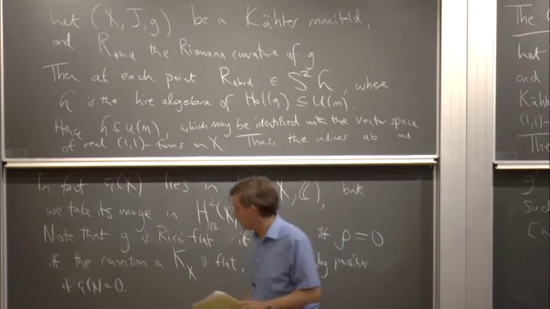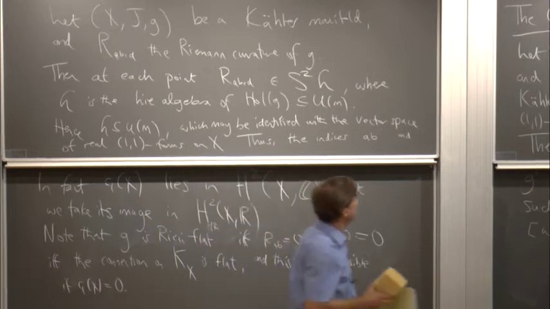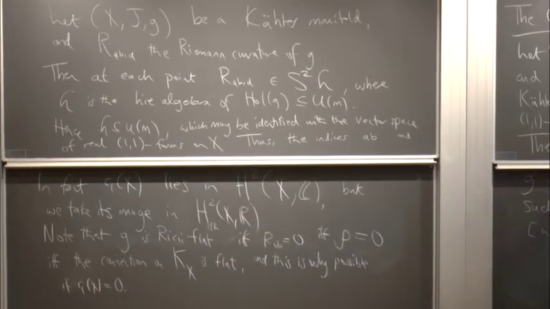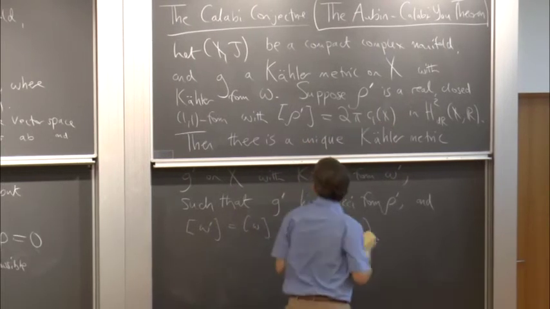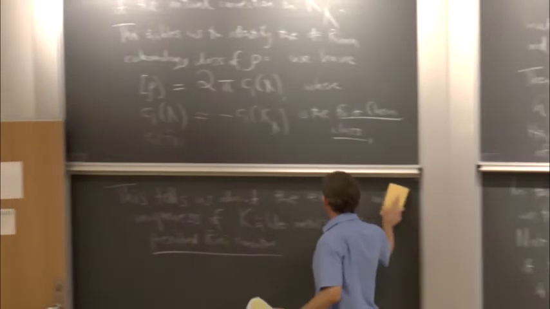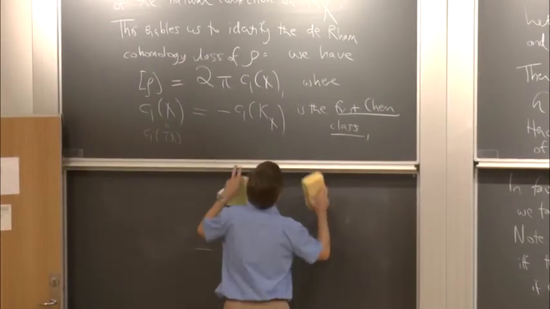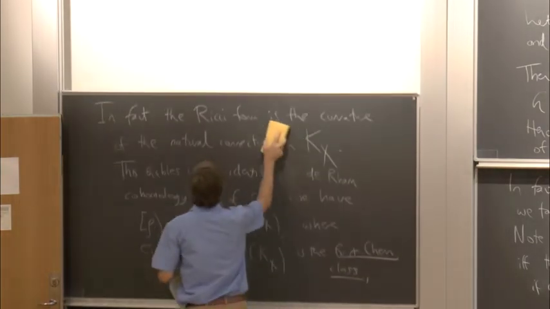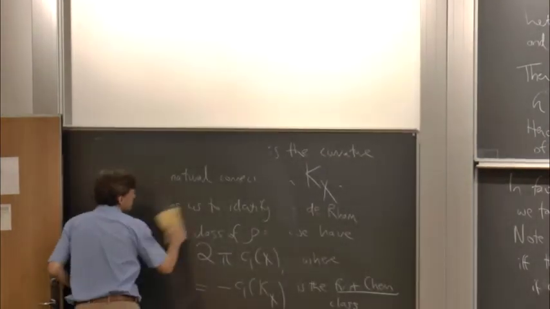Okay, so the thing we particularly care about is the case in which rho prime is 0, which of course forces c1(X) equals 0, because then you can produce a Kähler metric with 0 Ricci curvature. So let's state this as a corollary, and then I'll talk about the proof of the Calabi conjecture.